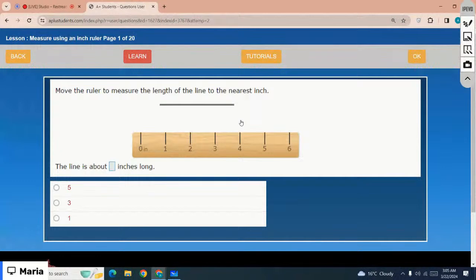If you measure, the line is around 3 inches, so the correct option is 3. You are given 3 options, 1, 3 and 5. So the line is around 3 inches long.